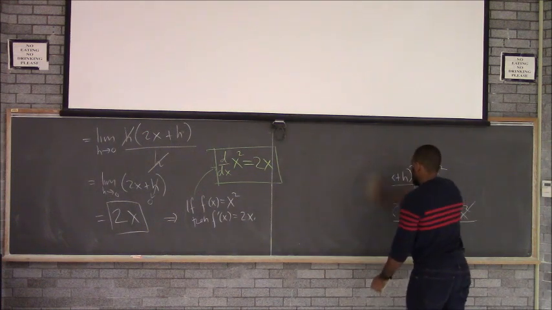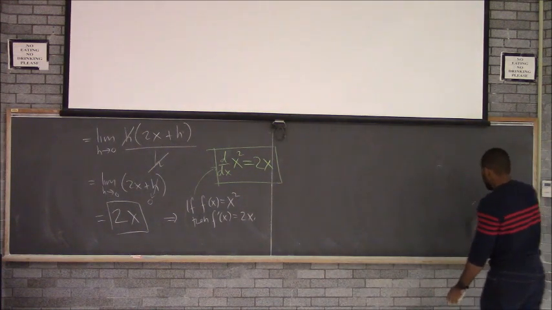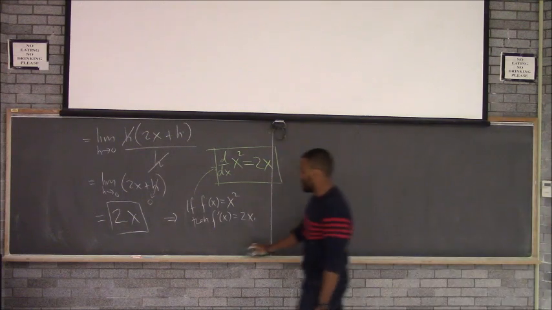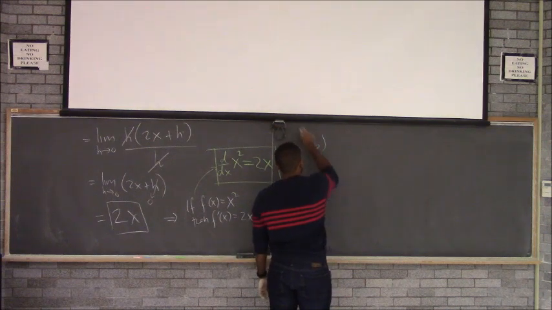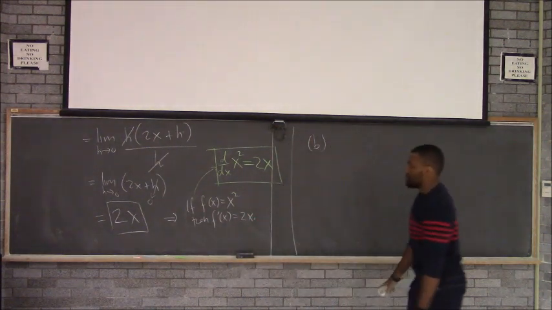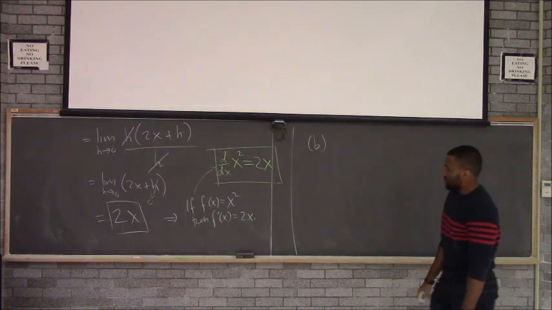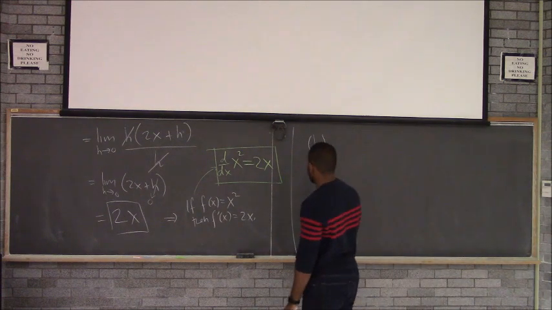Okay, so now we're going on to part B. How do we find the equation of the tangent line?